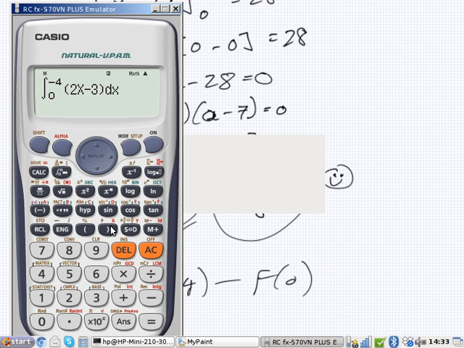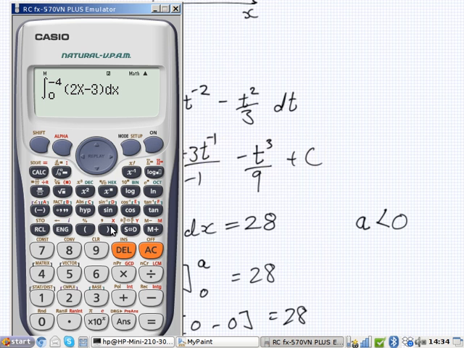Now, okay. Maybe I'm wrong. Maybe this answer won't be 28, and then we have to reject it. That's fine, but my point is still true. We're not rejecting it because it's a minus. We can only reject it if we get the wrong answer here. But if we get the right answer, there's no problem with the minus 4 on the top. And it's fine. So we can use minus 4.